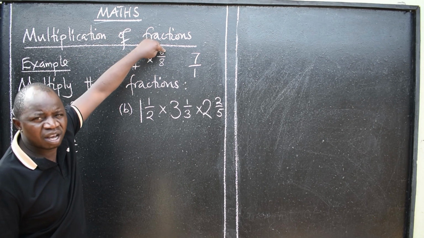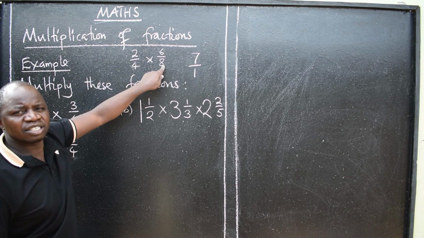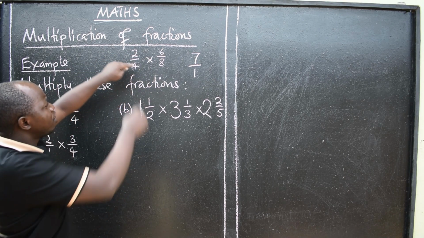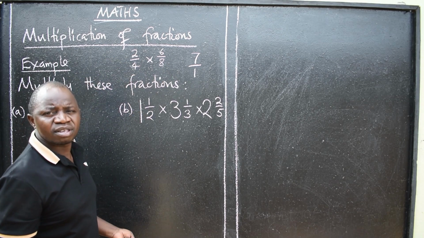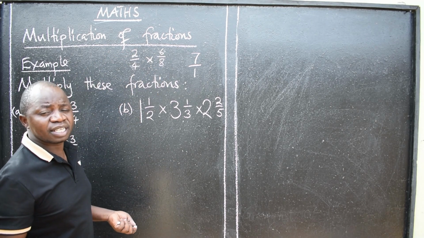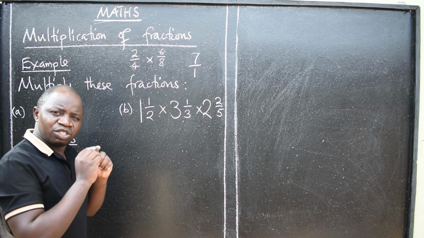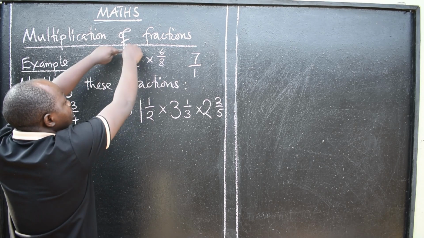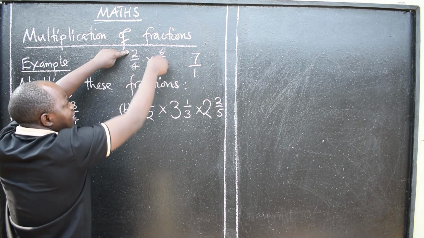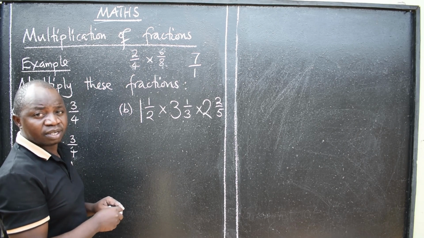No, you cannot do that. Or you can't reduce 4 and 8. No, you can't do that. Why? 4 and 8 are both denominators. 2 and 6 are both numerators. So it's always a numerator and a denominator. But don't do this. Clear?